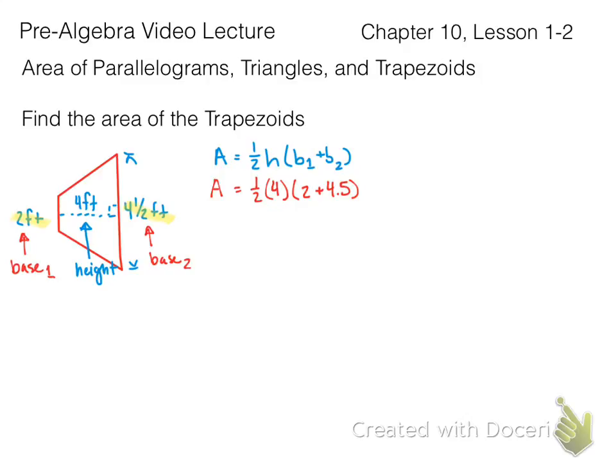So I'm going to do things in parentheses first. 4.5 plus 2 is 6.5, and then I'm going to take care of the 1/2 and the 4, and 1/2 of 4 is 2. 2 times 6.5 is 13. So the area of this trapezoid is 13 feet squared. Pretty cool, huh? All right, so make sure you memorize those formulas because they're going to be super handy.